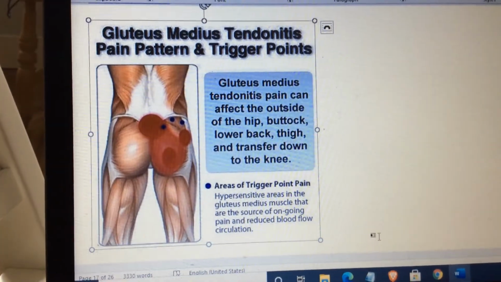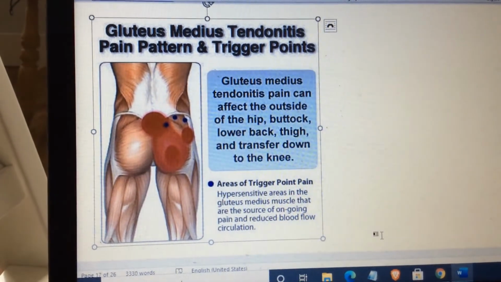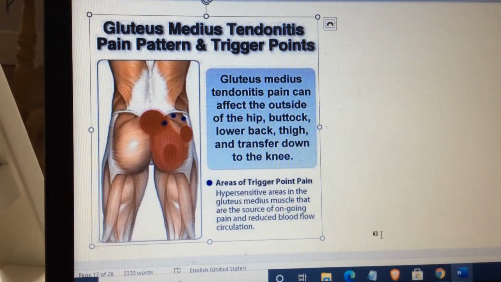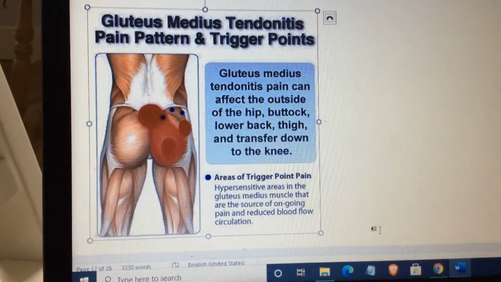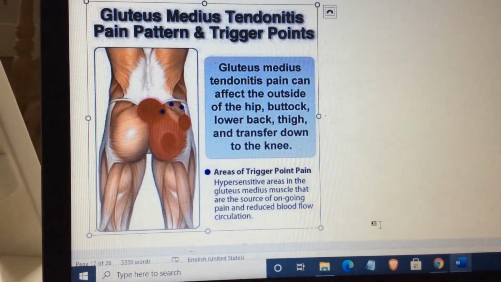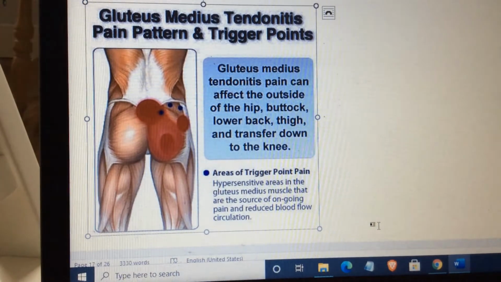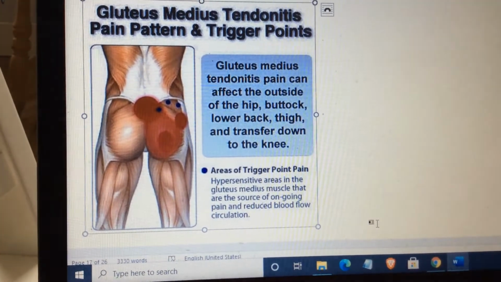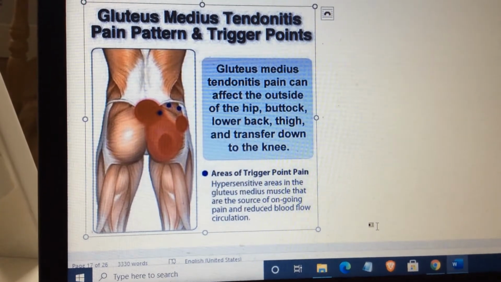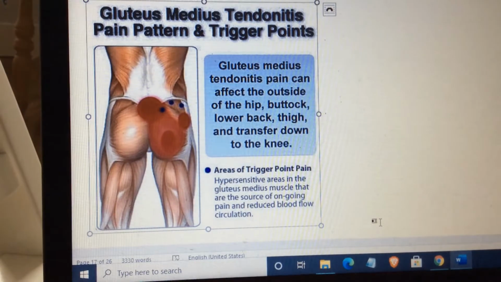And if we look at this picture showing pain patterns and trigger points with tendinopathies, gluteus medius tendinitis pain, as we see here, can affect the outside of the hip, also in the buttock and the lower back, and potentially down the back of the thigh. So those red spots there are indicating areas that you're most likely to get the pain.